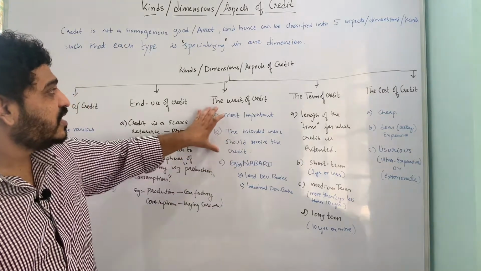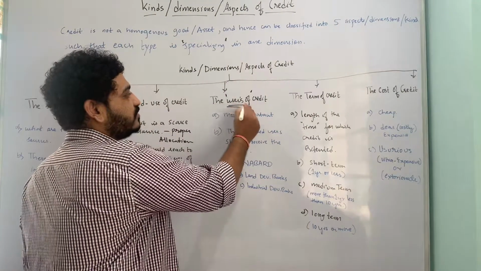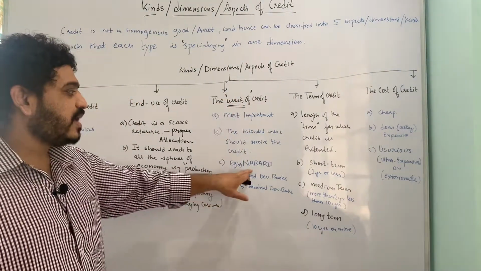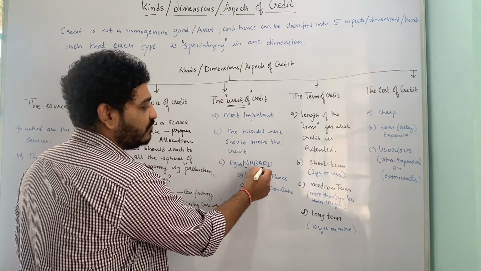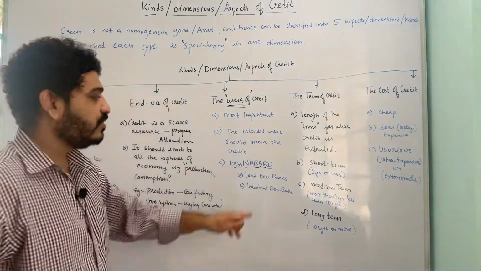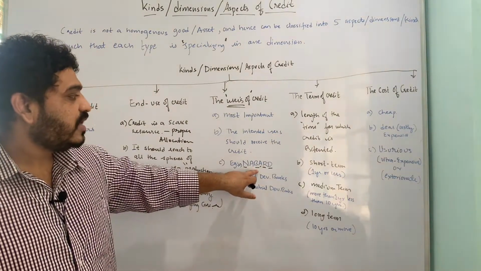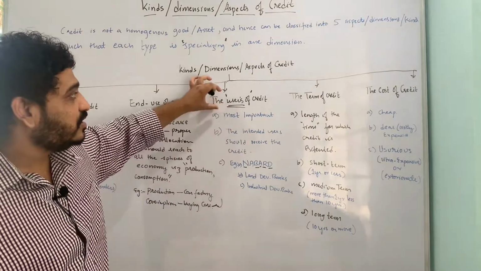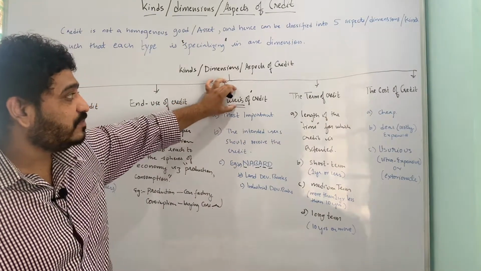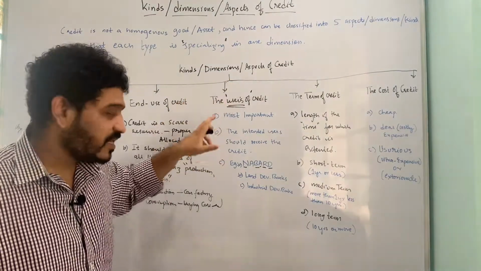So whether the credit is going to the right user is very important, because for example NABARD is extending a loan, NABARD meaning National Bank for Agricultural and Rural Development. Now if NABARD is extending any loan, that loan should go for either rural or agricultural development. That means the user of the credit, the person who is actually bound to get the credit, whether that person is getting it or not.